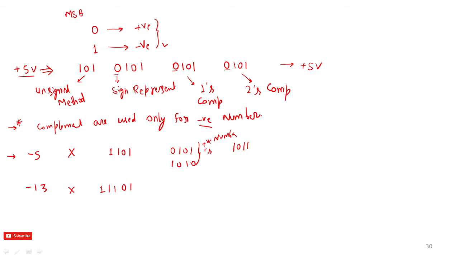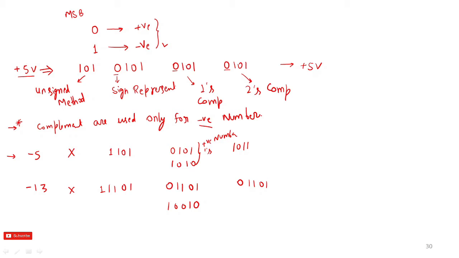So first you write positive 13, 0 1 1 0 1, then take its one's complement, so the one's complement is 1 0 0 1 0. Here also first you have to write plus 13 in the 2's complement method, so 0 1 1 0 1.